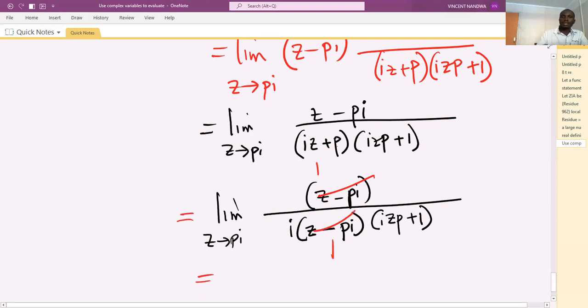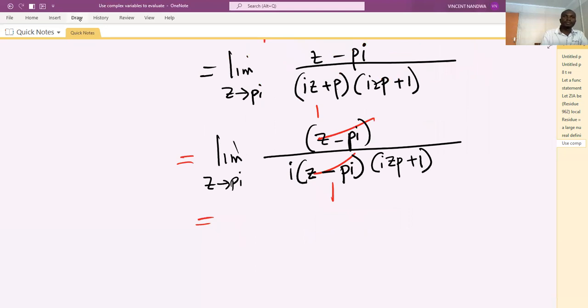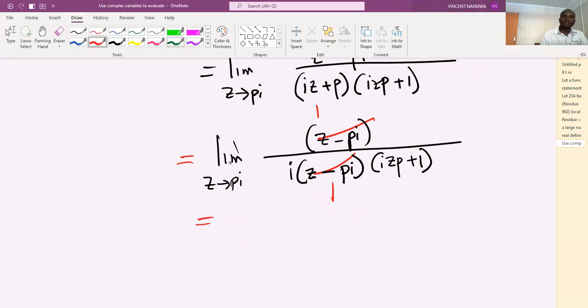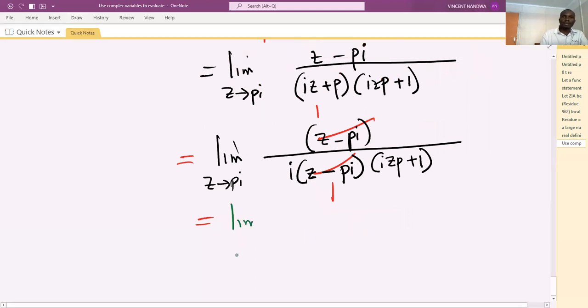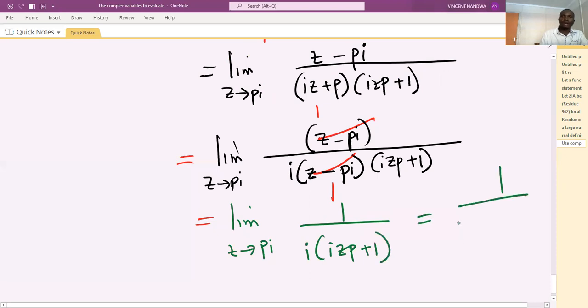So I get limit z approaches pi of 1 over I into izp plus 1, which will be 1 over I into ip times pi plus 1.